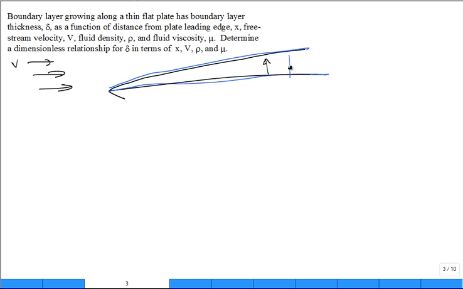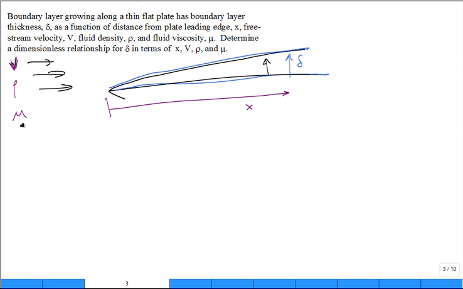And the thickness of the boundary layer, delta, is a function of the distance from the leading edge, x, and the free stream velocity, V, and the fluid density, rho, and the fluid viscosity, mu.